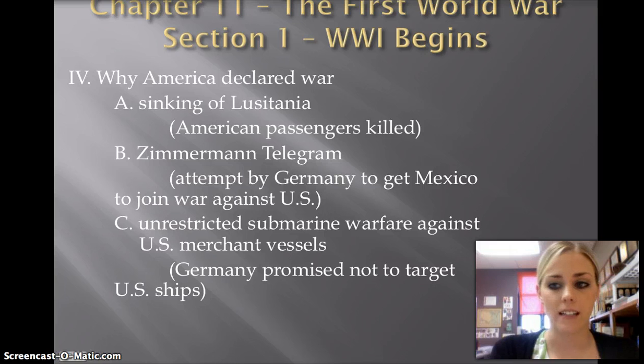By 1917, after the sinking of the Lusitania and the Zimmermann note, along with unrestricted submarine warfare against United States merchant vessels, finally, events in Russia removed the last significant obstacle to direct United States involvement in the war. In March, the oppressive Russian monarchy was replaced with a representative government.